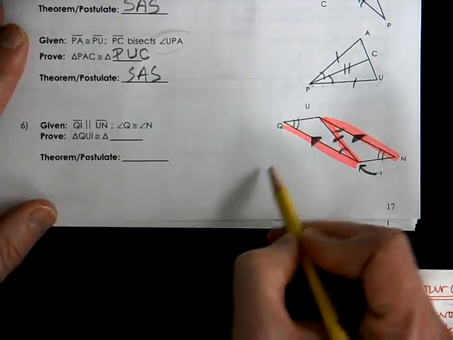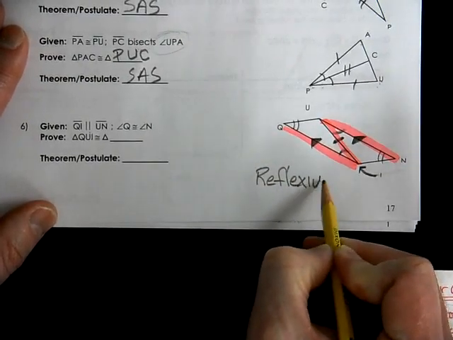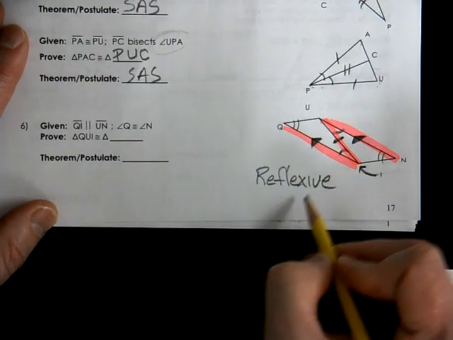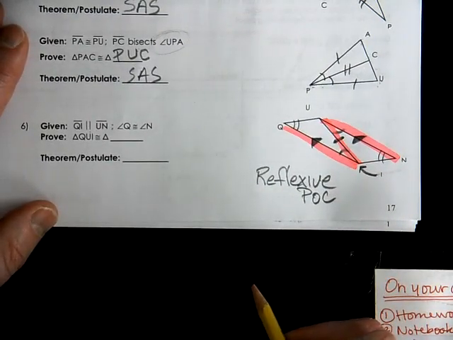That's the reflexive. We call that the reflexive property of congruence.